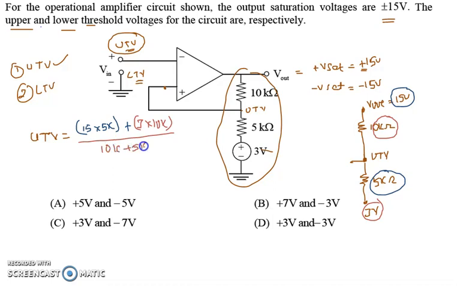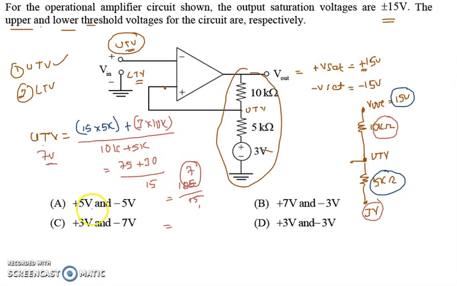So 10k plus 5k. That becomes equal to 15 into 5 means 75, plus 30, divided by 15. That becomes equal to 105 divided by 15. So it cancels out with 7 times. That means my upper threshold voltage becomes equal to 7 volts.